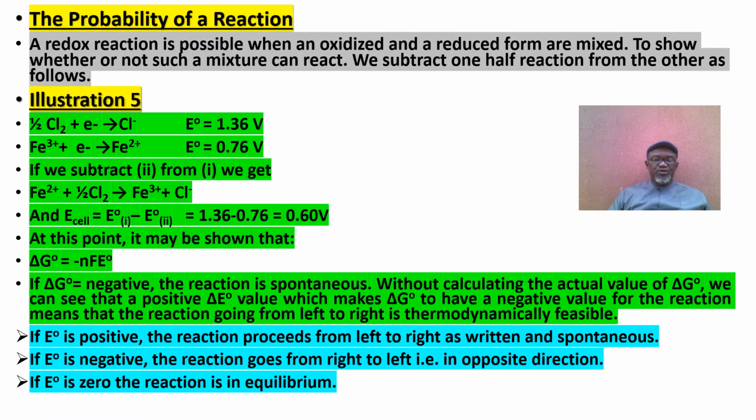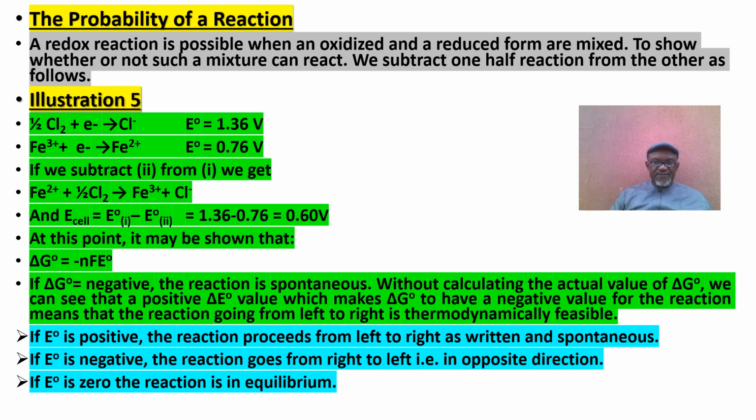We can also use redox potentials to find the probability of a reaction. And we have used illustration 5 to show that by combining with standard Gibbs free energy, we see that delta G naught is equal to minus nFE naught. n is the number of electrons, F is the Faraday, E naught is the standard electropotential.